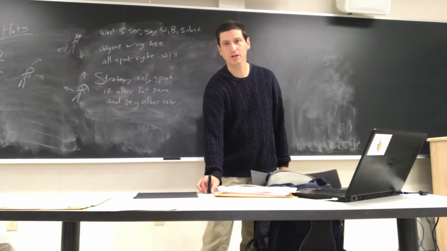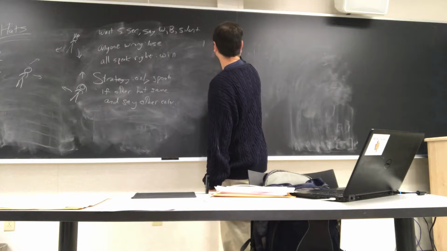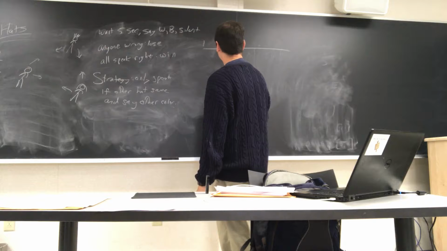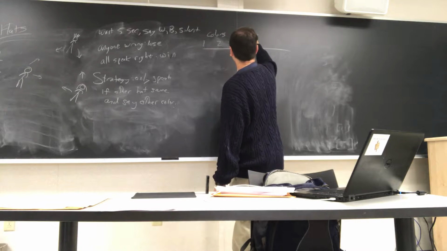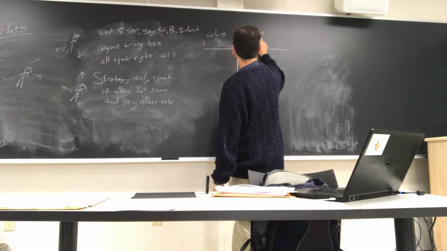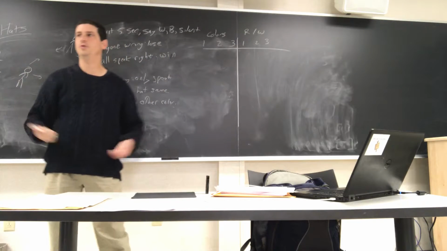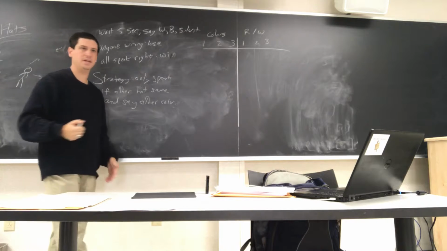So let's go through and just analyze this by brute force. So players 1, 2, and 3. So these are the colors, and this will be right or wrong for 1, 2, and 3. So in problems like this, you always want to make sure you just go through and list the cases very mechanically, very methodically, so you don't make any mistakes.